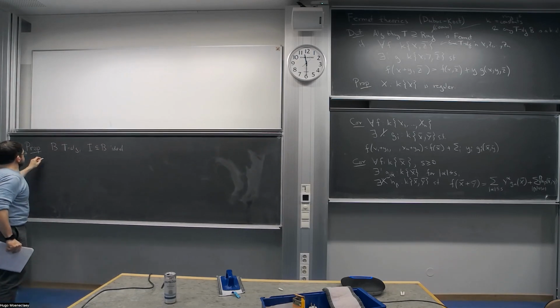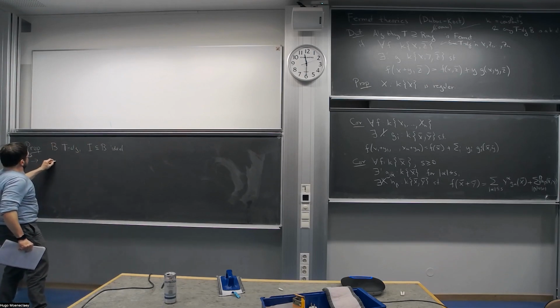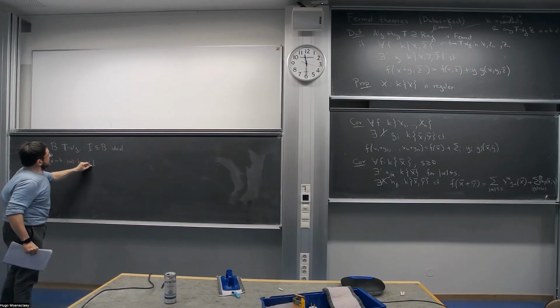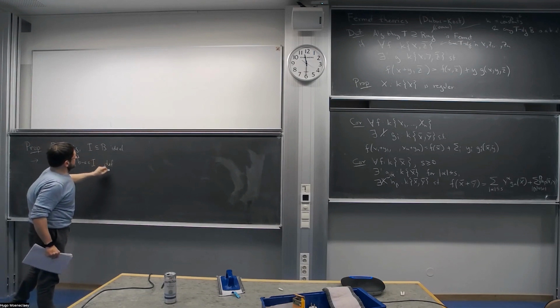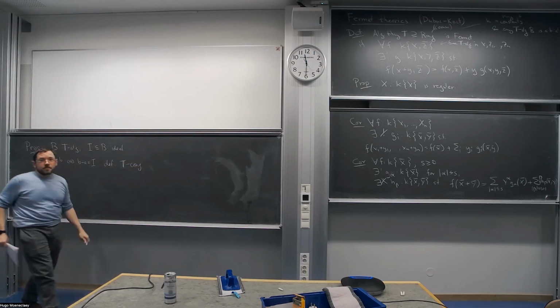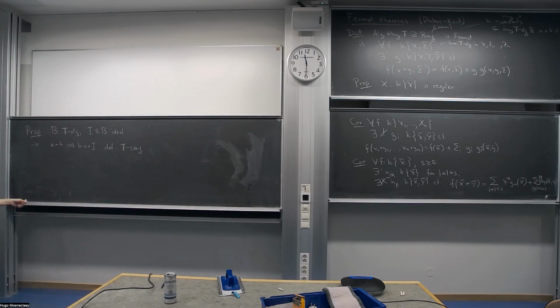Then we get a congruence. This implies a equivalent to b defined by b minus a in I. This defines a T congruence. Let's prove that.